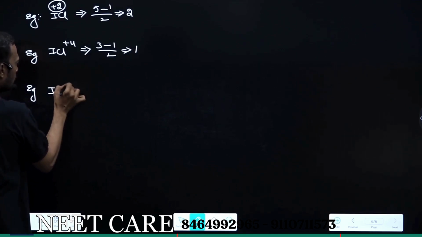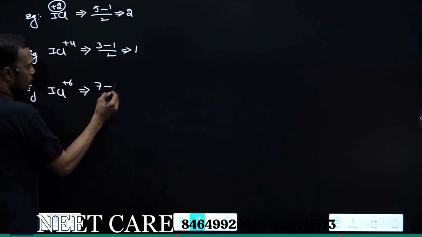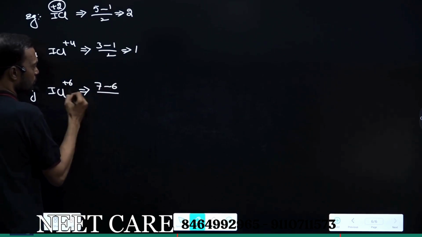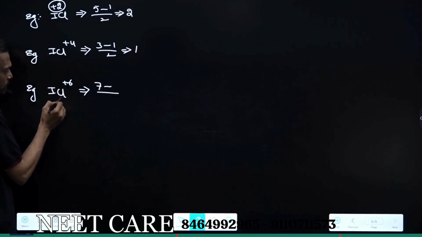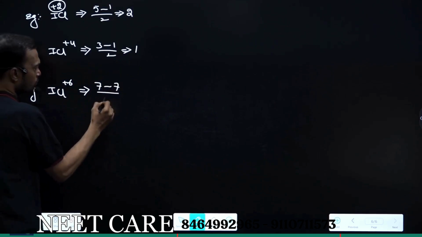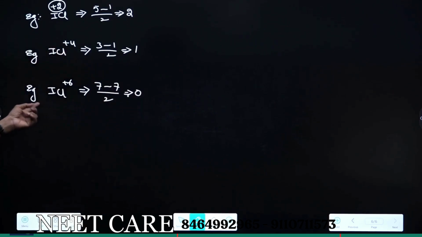So that all charges are possible to create. Here 7 minus 6, plus 1 sigma bond. 7 minus 6, then 1 sigma bond, so 7 minus 7 by 2. So what is your answer? 0. No lone pair present over here.